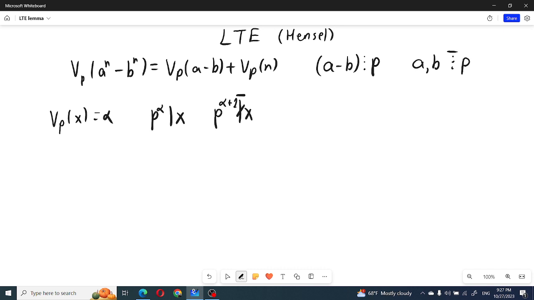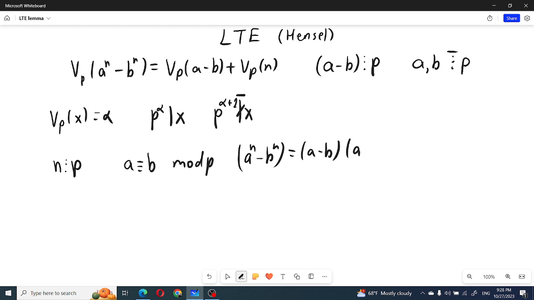At first, to prove this, we can discuss some basic properties, and if n is not divisible by p. Because a minus b is divisible by p, this means that a equals b mod p. And look at a to the n minus b to the n. This number equals a minus b times a to the n minus 1 plus b times a to the n minus 2 up to b to the n minus 1.